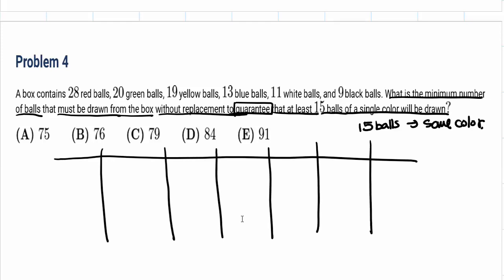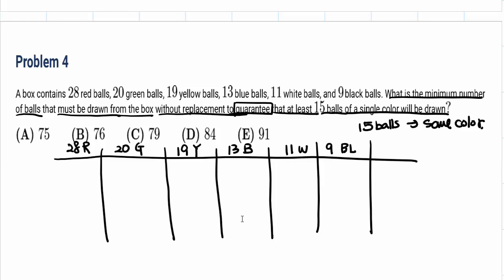So we have 28 red, 20 green, 19 yellow, 13 blue, 11 white, and 9 black. Okay, now check the worst case.